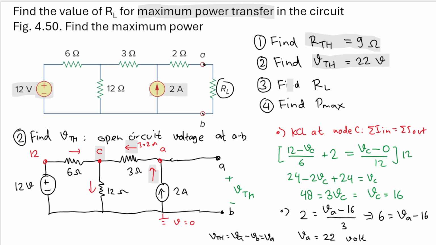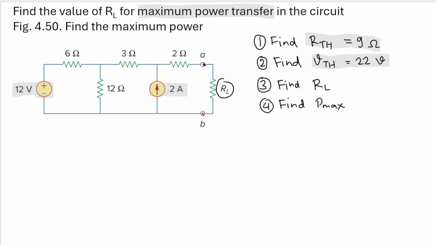Okay, let's do number 3 and number 4. Let's do number 3 here. So we need to find the RL that causes maximum power transfer.